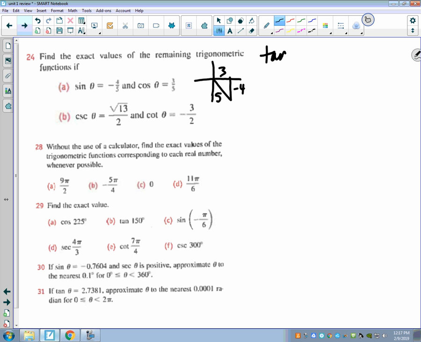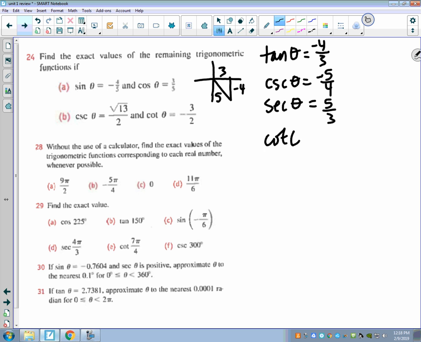Tangent would be y over x, so that would be negative 4/3. Cosecant is the reciprocal of sine, so that would be negative 5/4. Secant is the reciprocal of cosine, so that's 5/3. And cotangent would be negative 3/4.